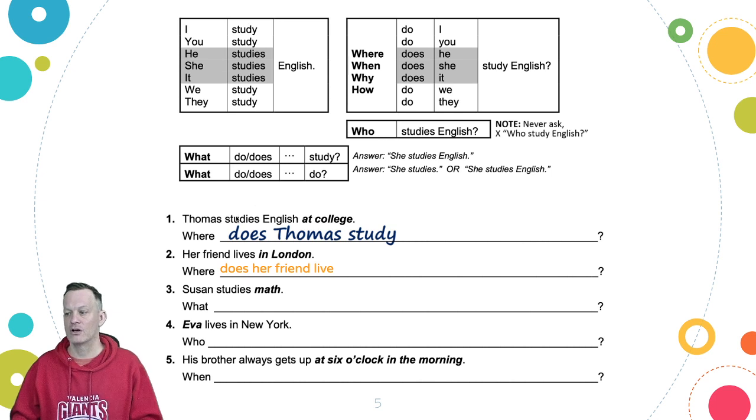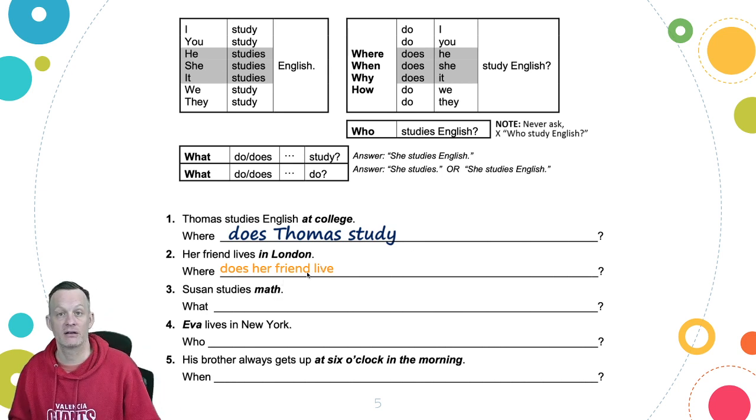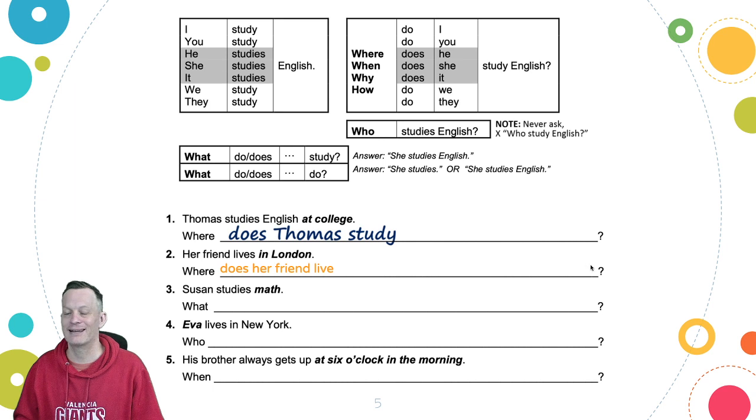Where does her friend live? And we again have does because of her friend, she or he. We don't know. Her friend could be a boy, her friend could be a girl. Where does her friend live? And this is a question. I didn't write the question mark because we have the question mark here. All right.